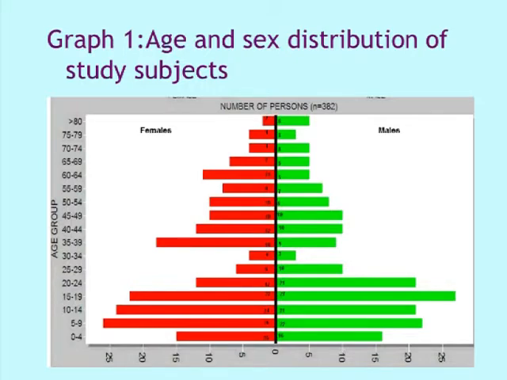You can see in this graph that the males are represented by green color and the females by the red color, and both are put across a single vertical line, and along the y-axis we have the different age group categories, and we are trying to compare the number of females and number of males in each age group category. So this is a composite record of the age-sex distribution of populations, and that's why it is known as a population pyramid.